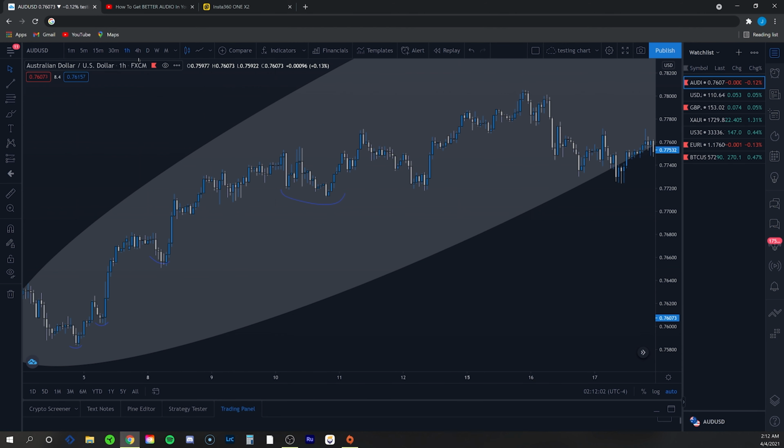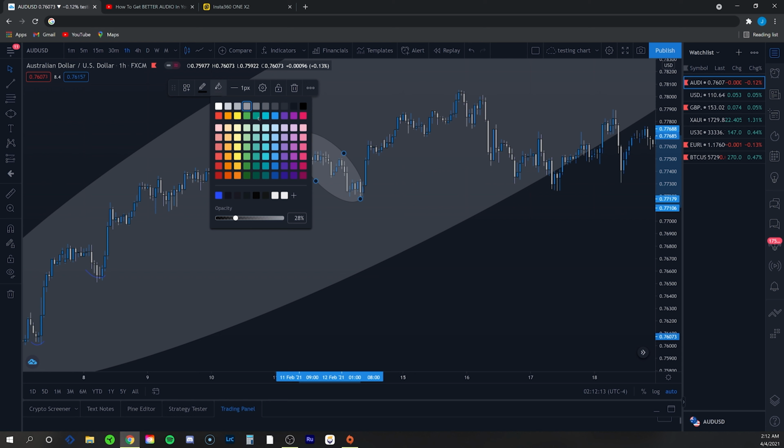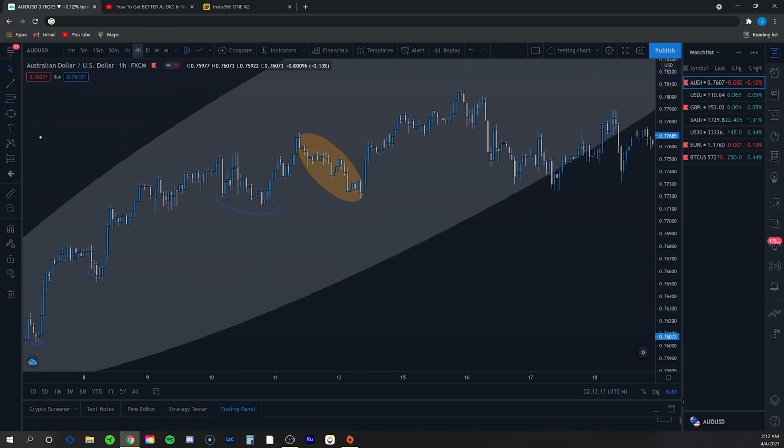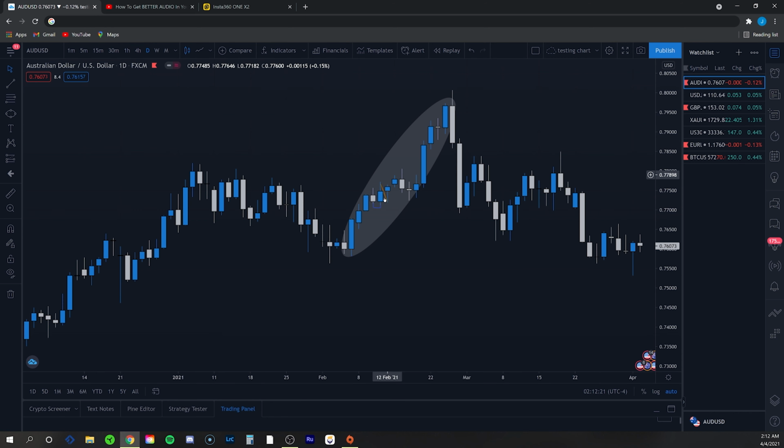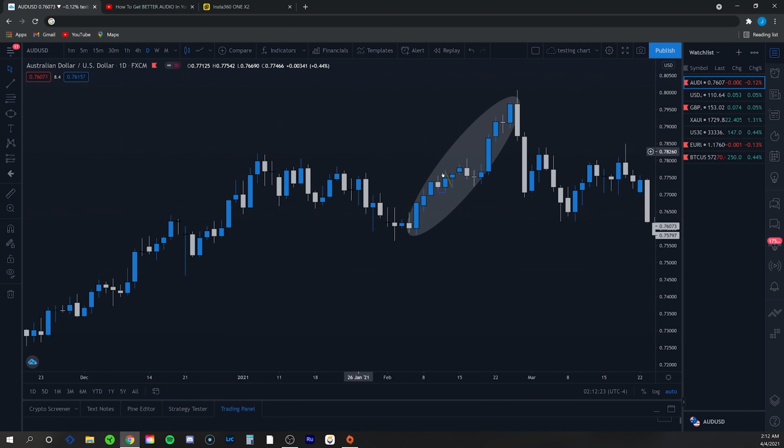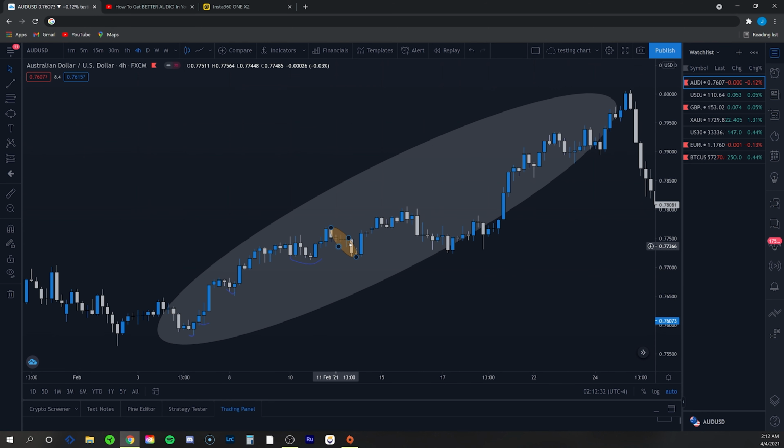So let's just see how this area looks on these higher time frames. Let's put it orange. Yeah, we don't really even see it. So it maintained that uptrend structure. All that point was just a higher low point on a lower time frame, or from daily, a downtrend.